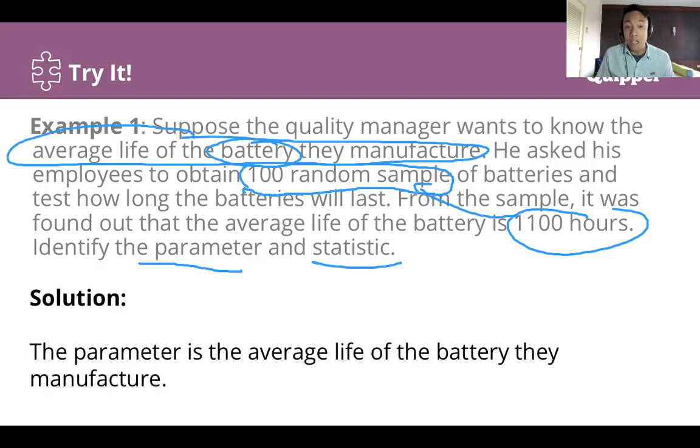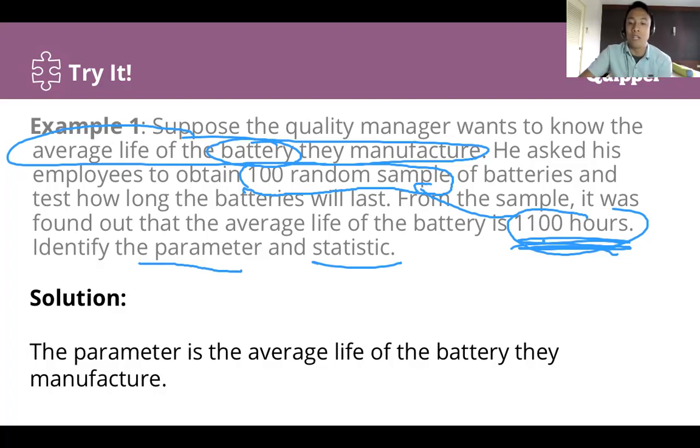Ito, 1,100 hours, that is only describing the 100 random sample. So our population will be all the batteries, hindi lang 100, syempre that is the sample, and the parameter describes the population. So that is the average life of the battery they manufacture. Nakakuha? Okay, next one.